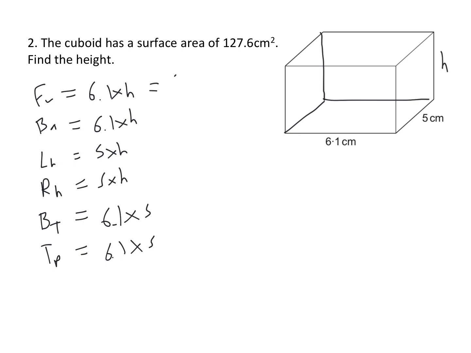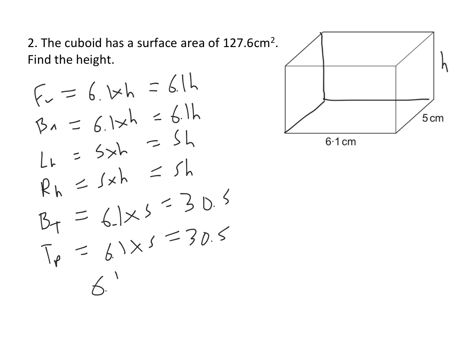So if we simplify that, we get 6.1h, 6.1h, 5h, 5h, and then 6.1 times 5, which is 30.5. The total surface area is 127.6.